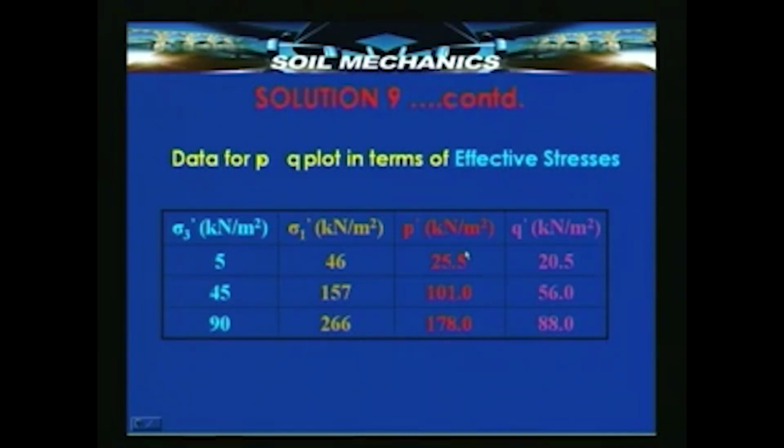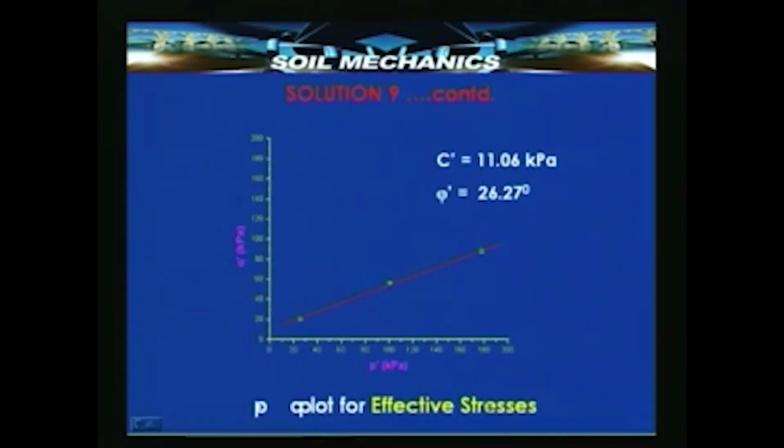So, we now have P dash, which is quite different from the value of P we had earlier, but Q dash however remains the same, because it is the difference between the stresses, and as I pointed out a little earlier, sigma 1 minus sigma 3 is equal to sigma 1 dash minus sigma 3 dash. So, we have P dash and Q dash. If we plot them, we get the PQ plot for effective stresses, and from this intercept and angle of inclination, we can get the effective cohesion and effective angle of friction as 11 and 26, as shown in this graph.